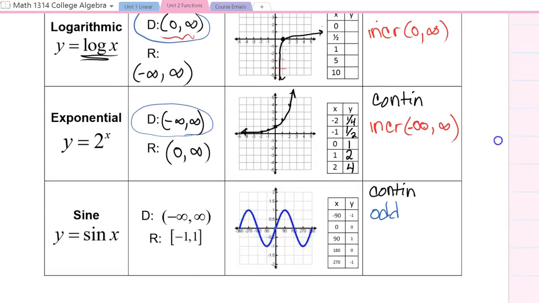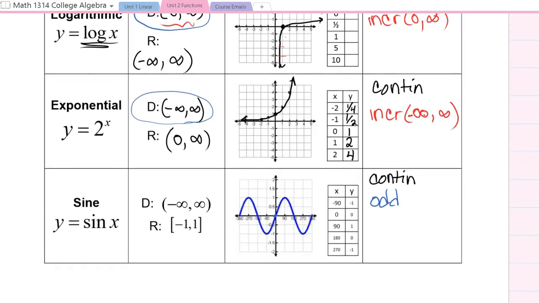For the sine wave, actually what happens here is we have it going up from here till we get to here, and then it's going down from here until we get to here. So we're going to write that down just for right now, but it actually keeps repeating itself. And when we get to trig and we start talking about graphs, then we'll talk about how to write that down.